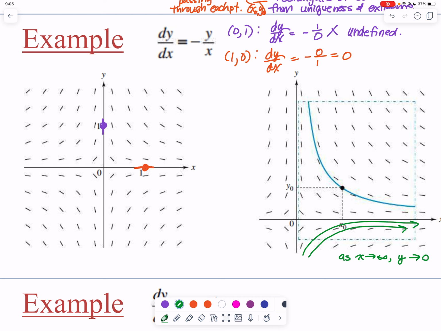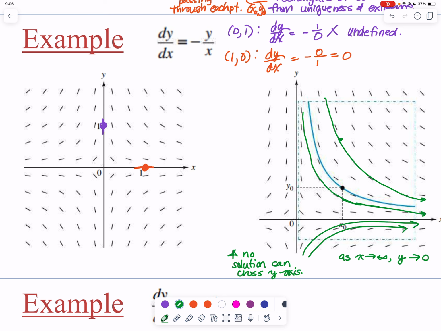And you can also see that here. Maybe if you had this point here, you can see this solution coming down. Also, you can see these solutions coming through here, and you can sort of see this flow. So we are approaching 0. Basically, no solution can make it across the y-axis.